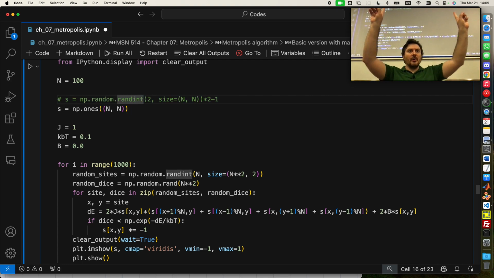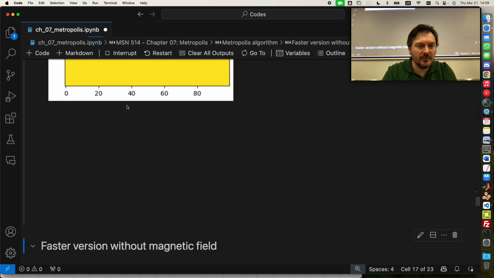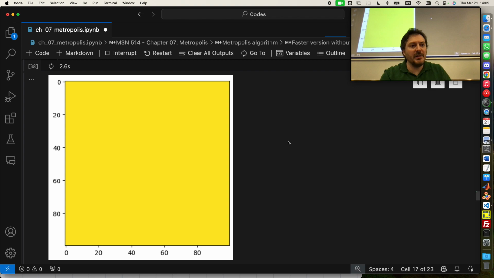I'm starting from all up, okay, and very low temperature. What will happen is that it will just remain in that very low temperature. All spins are up, and they are happy. I was expecting to get some fluctuations here, but I'm not even getting them.